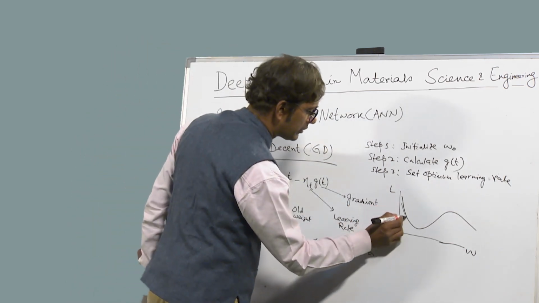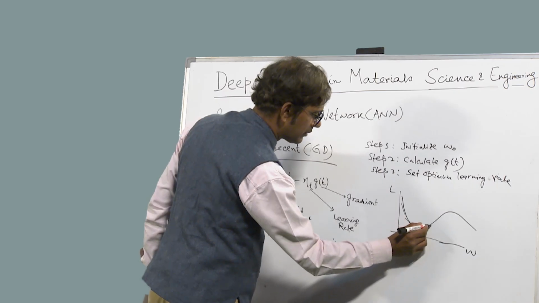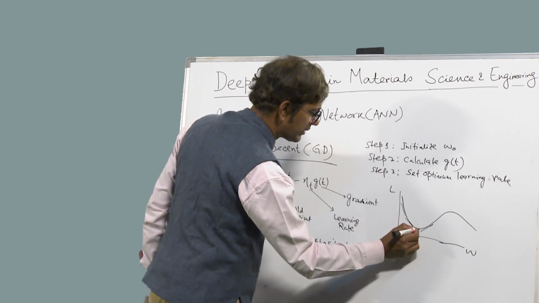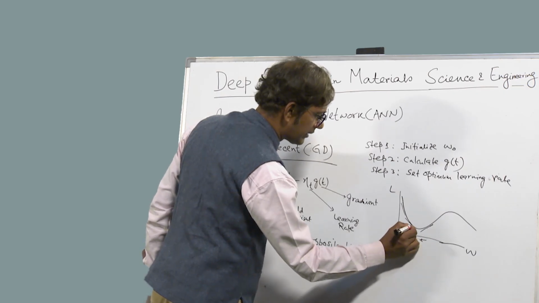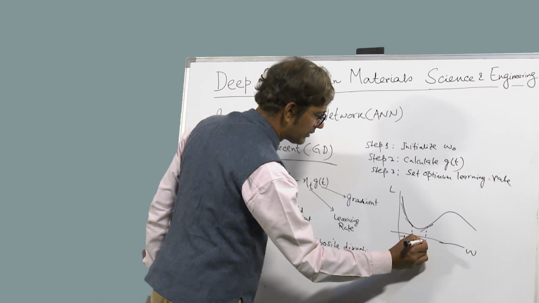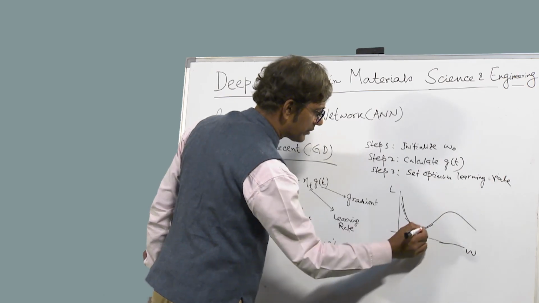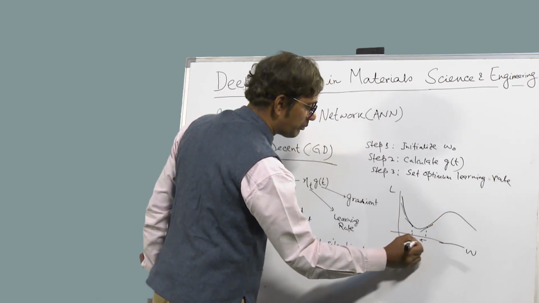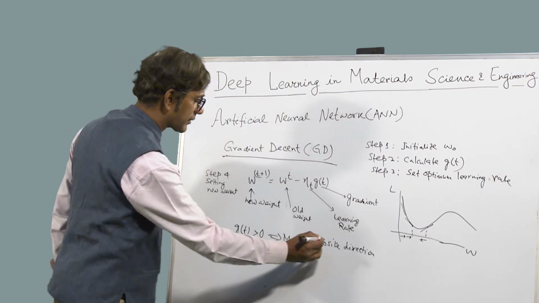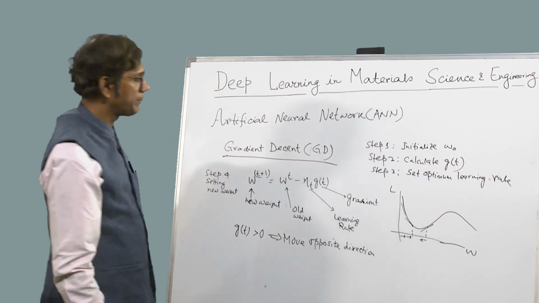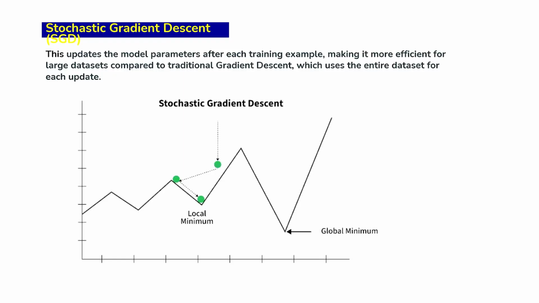You go this way, the moment you reach here, your slope is increasing, so you have to go back. Initially you are going this way, you reach here, from there you reach here, then you see it is going up, slope is positive. So, you have to move backward, that is what is called the opposite direction. This is the basics of the gradient descent technique.